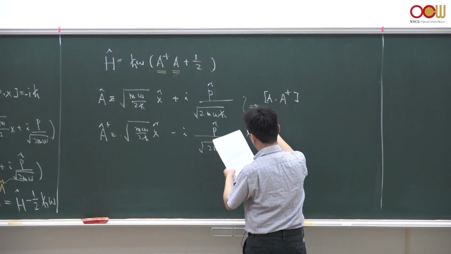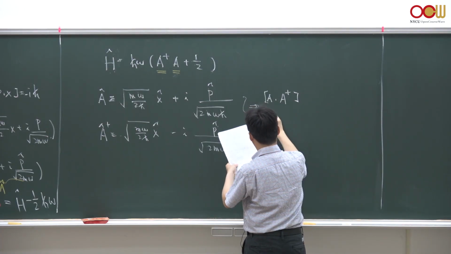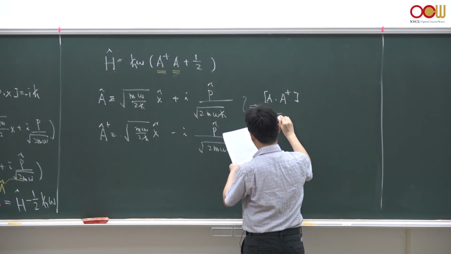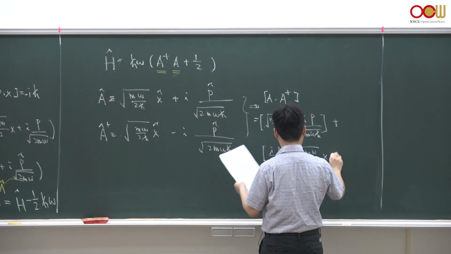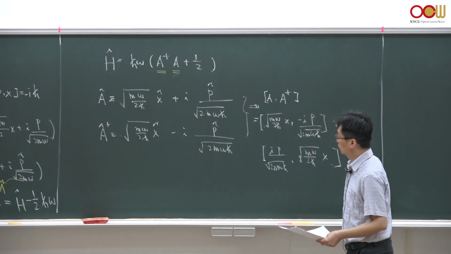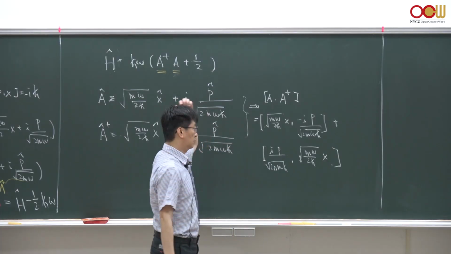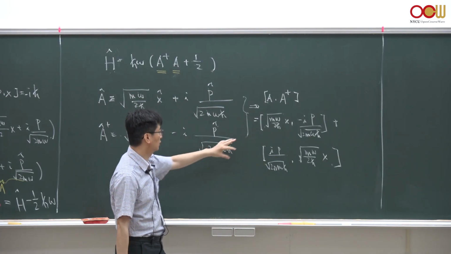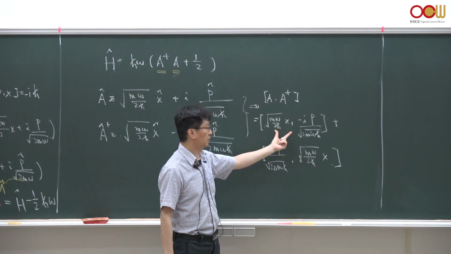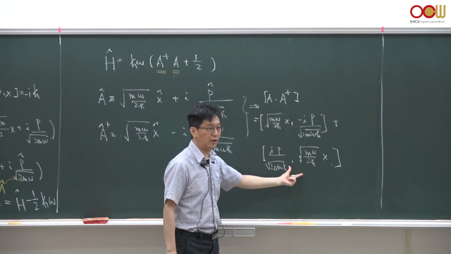So this is given by, let me separate this into two terms. Okay, so you simply look at the non-vanishing contributions of this commutator, which is the commutator between x and p, or p and x.